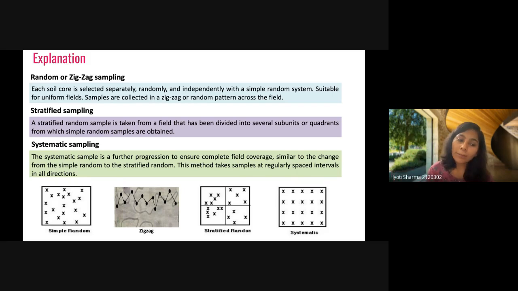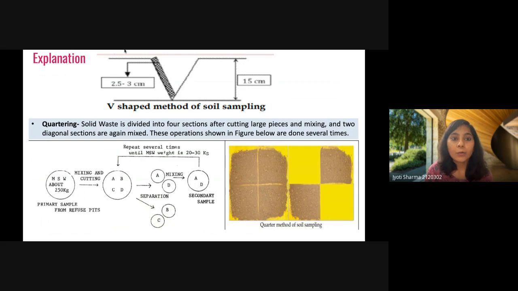Systematic is when you collect the sample very systematically. And quartering is when you first have the sample, then you mix it, then diagonally you mix it again, and this is how you collect the sample. So this will be quartering.